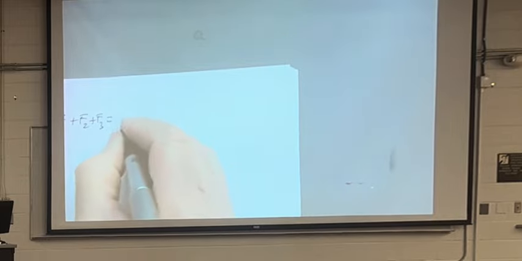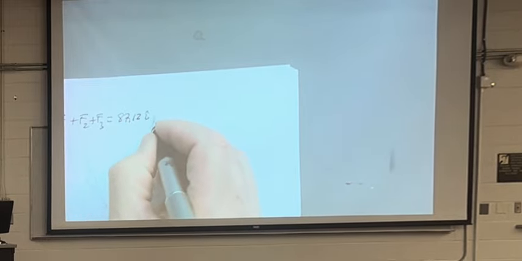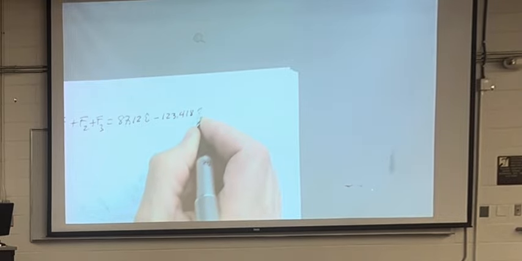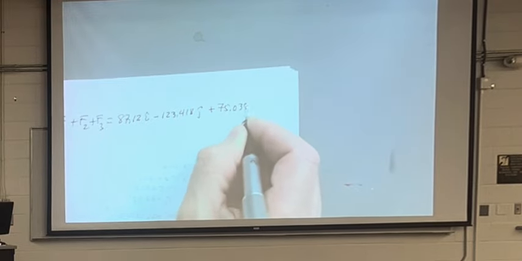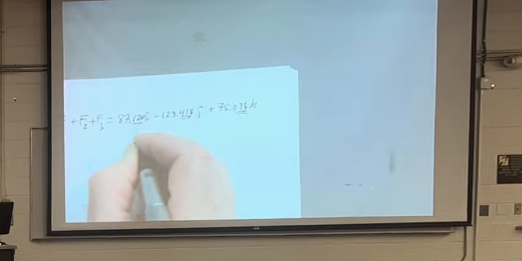That would be F1 plus F2 plus F3. Add up i's, j's, and k's. That would give me 87.12 i minus 123.418 j plus 75.038 k. I try to keep 3 decimal places.